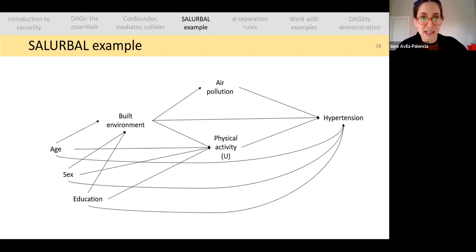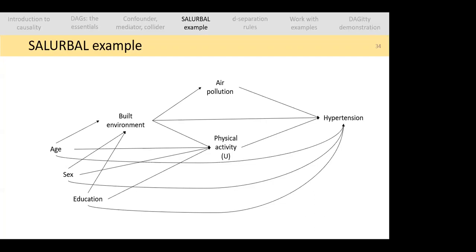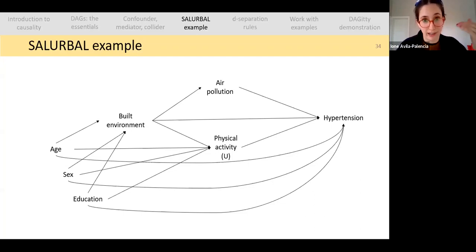A similar rationale could apply to sex or gender, but with gender I generally think more about the use of built environment, for example in terms of using the streets. If you are a man or a woman, you may have a different kind of relationship with your built environment. I don't know if I'm answering your question. Yeah, okay, thank you. But of course, this is a very good point, and it could be a long discussion.